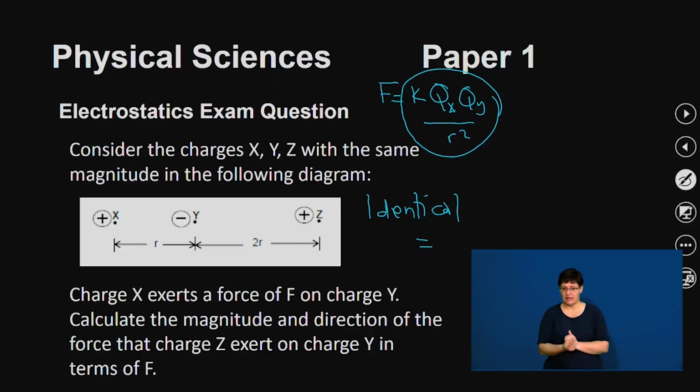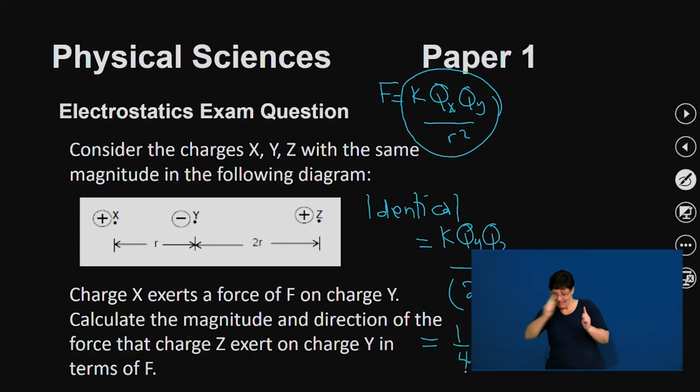This equals K QY QZ over (2R) squared. That was the catch, it's the square of 2R. So this will be 1 over 4 times K QY QZ over R squared. So if that represents F, it means the new force would be a quarter of F.